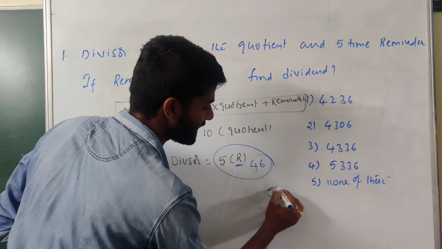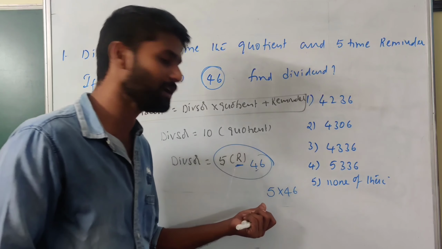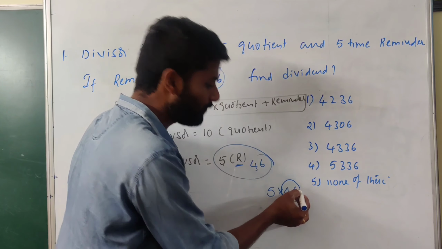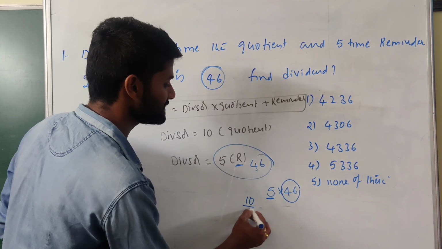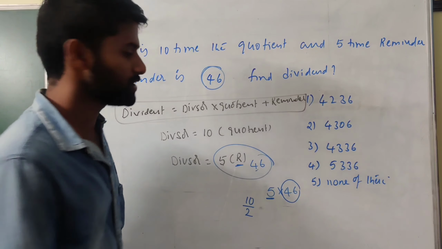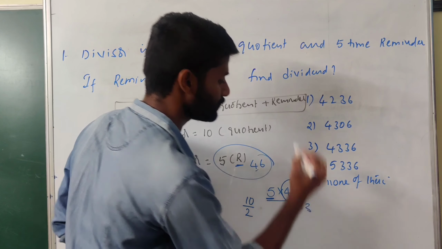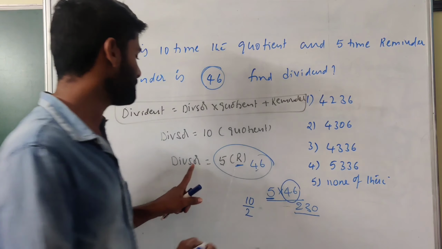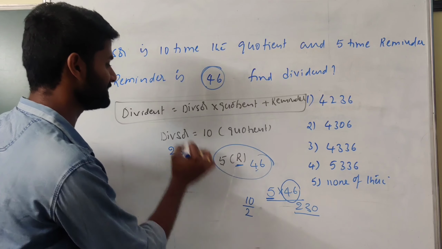Here I will tell you a calculation trick: if a number is multiplied by 5, the other value can be halved and multiplied by 10, because 5 can be written as 10 divided by 2. So 5 into 46 means half of 46, which is 23, multiplied by 10. It means the value of the divisor is equal to 230.